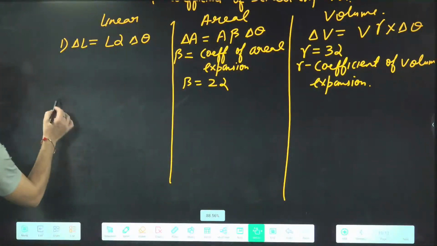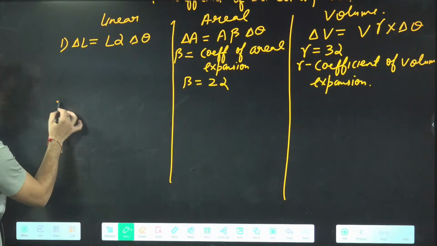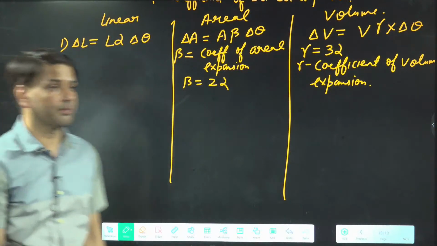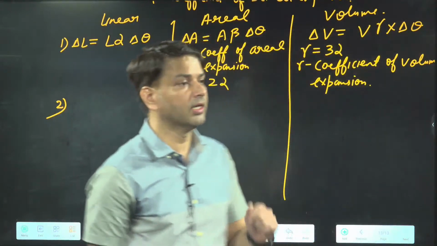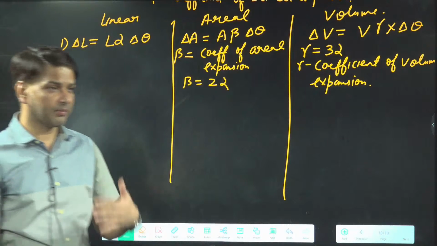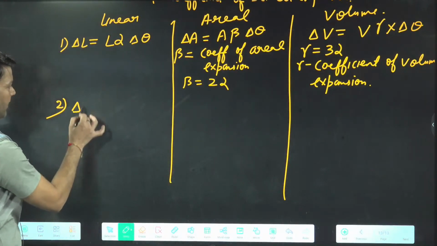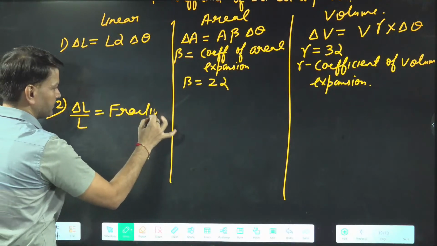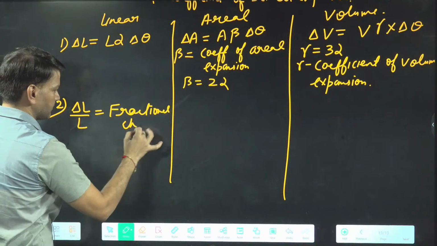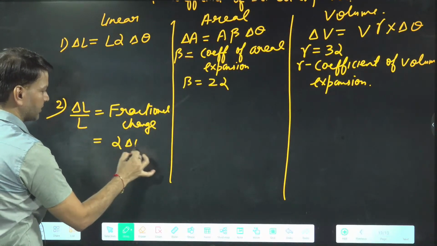Okay. Next, if they ask what is the fractional change in the length, or the percentage change in the length, what will you find? Delta L by L, delta A by A, delta V by V. So we can write that directly. Delta L by L is the fractional change, and we can write this as alpha delta theta.